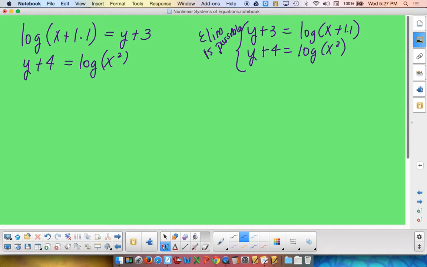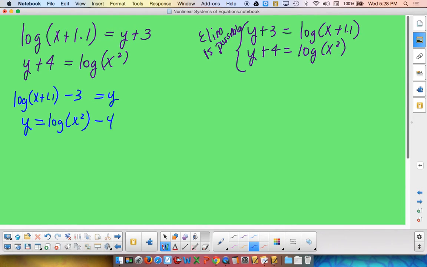But over here, I'm going to opt on a second approach. I'm going to opt to just isolate both of them as y equals. If I had done that, I'd have y equals the log of x plus 1.1 minus 3. Over here, I'd have y equals the log of x squared minus 4.